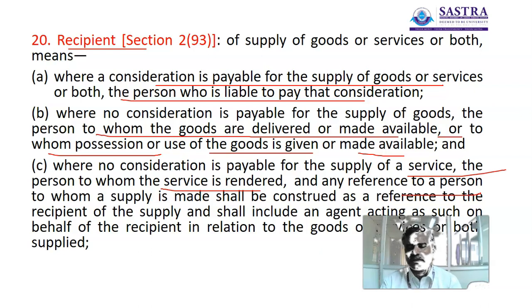Here there is no consideration because you are not ready to accept money from them, because they are relatives or friends, whatever it may be. But the person who receives the benefits, the person who buys the product, is the recipient.